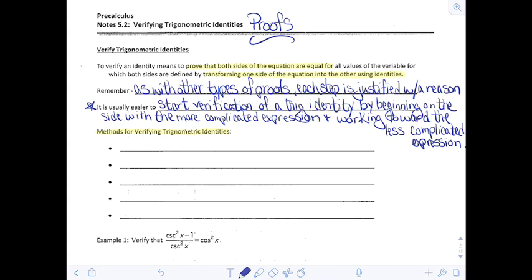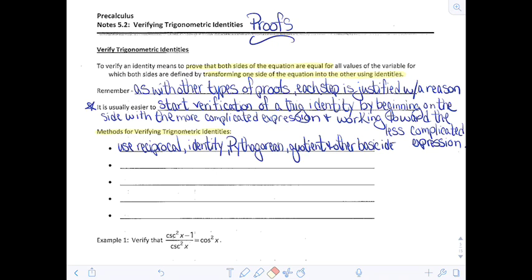Okay, so the first one will be to use reciprocal, Pythagorean, quotient, and other basic identities. So when you do these, guys, you really want to have those identities out right next to you where you can look at them very quickly.